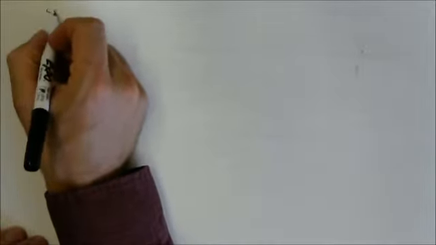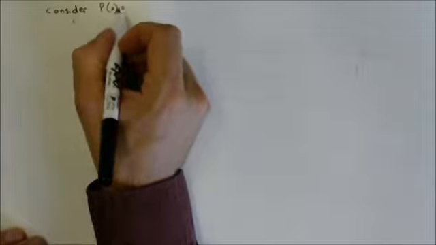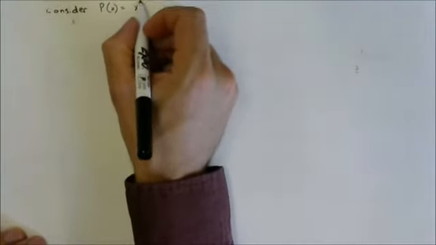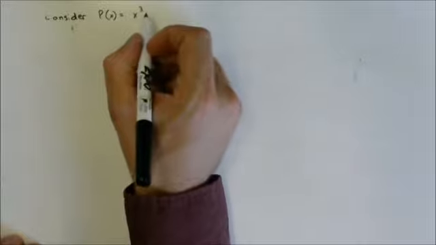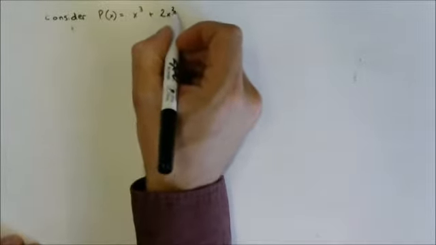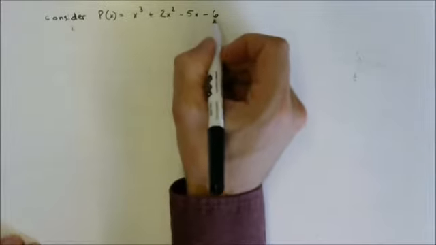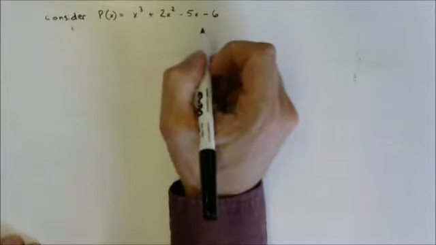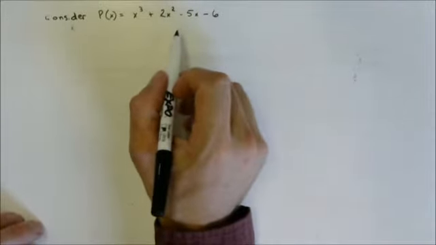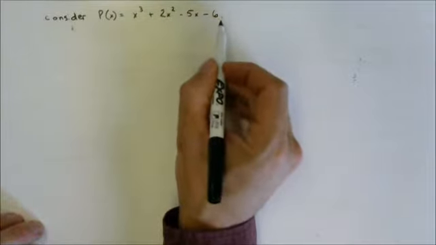Consider the polynomial p of x, and let's say it equals x cubed plus 2x squared minus 5x minus 6. Now, we could rewrite this. Let's not.